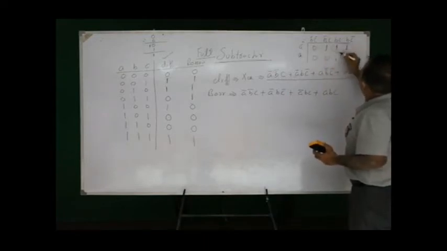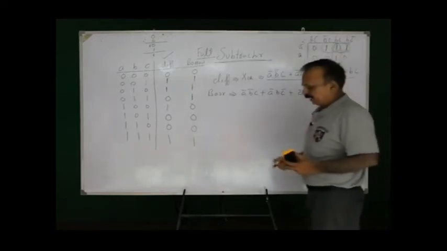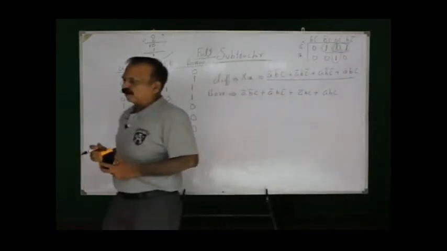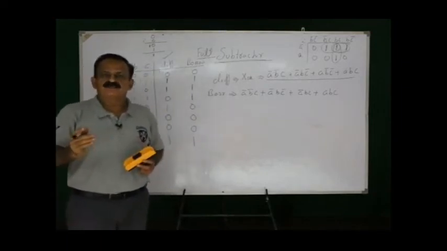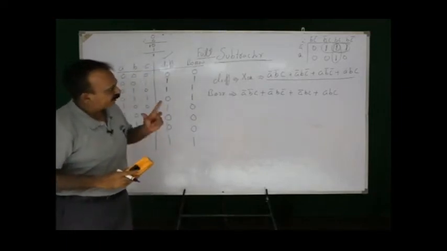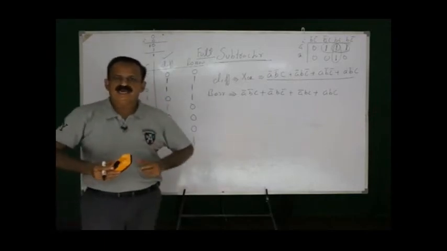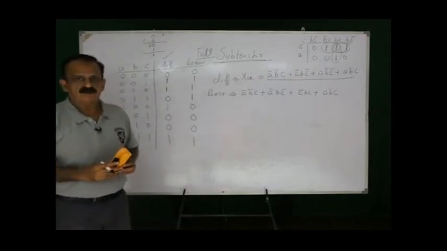So this is one group, this is the second group, and this is going to be the third group. In a K-map what we do is we prepare the groups of the largest possible combinations, and here there are 3 combinations, in the form of pairs.